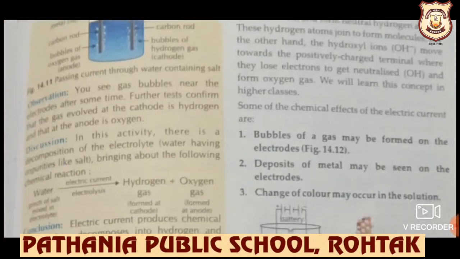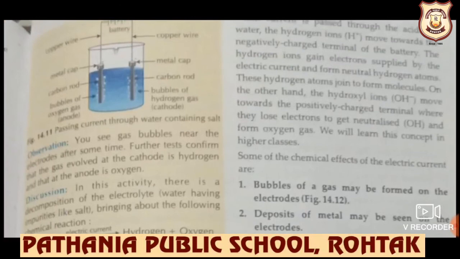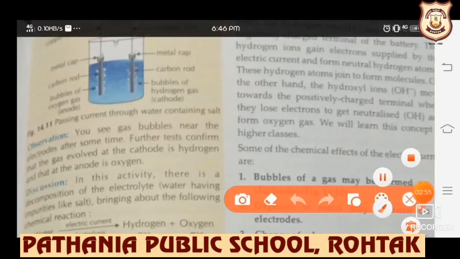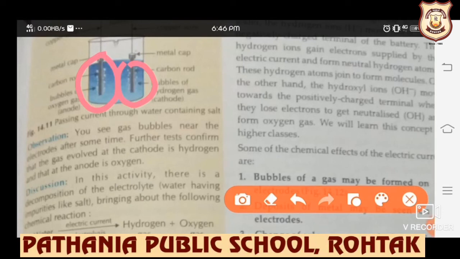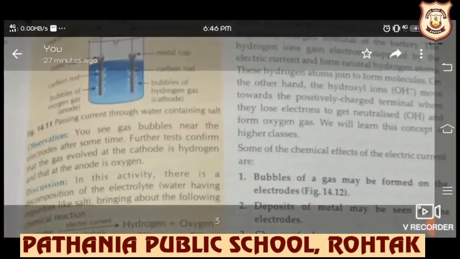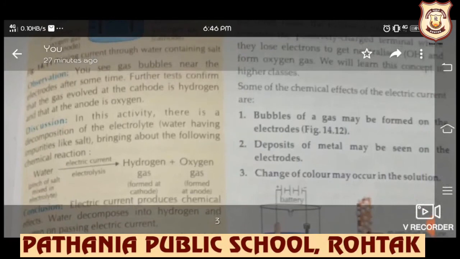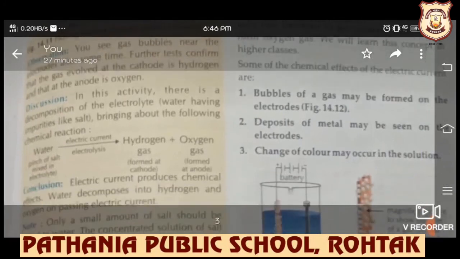What will you see? You will see gas bubbles. Here I can see gas bubbles near the electrodes after some time. When the battery is connected and the current starts passing, I can see these bubbles. Further tests confirmed that the gas evolved at the cathode is hydrogen gas and that at the anode is oxygen.